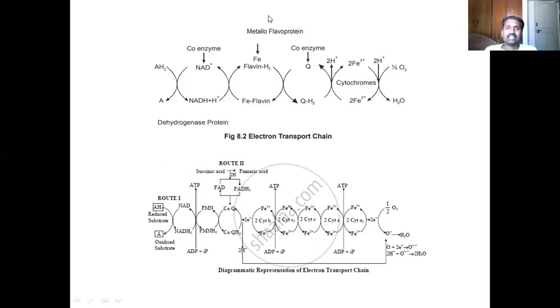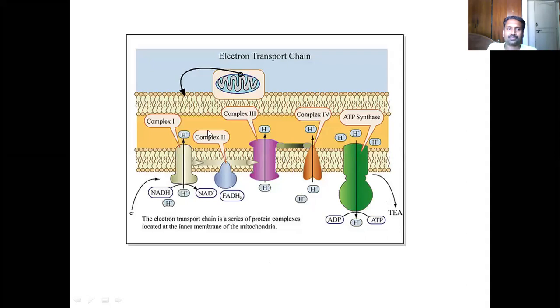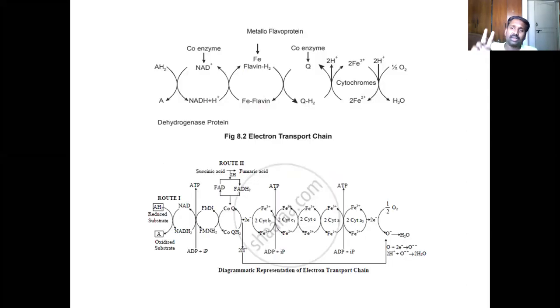Fine. So now we haven't discussed complex 2 yet. Which are the two coenzymes that get oxidized? One is NADH and the other is FADH2. The electron transport chain is responsible for both reactions, the oxidation of NADH as well as FADH2.